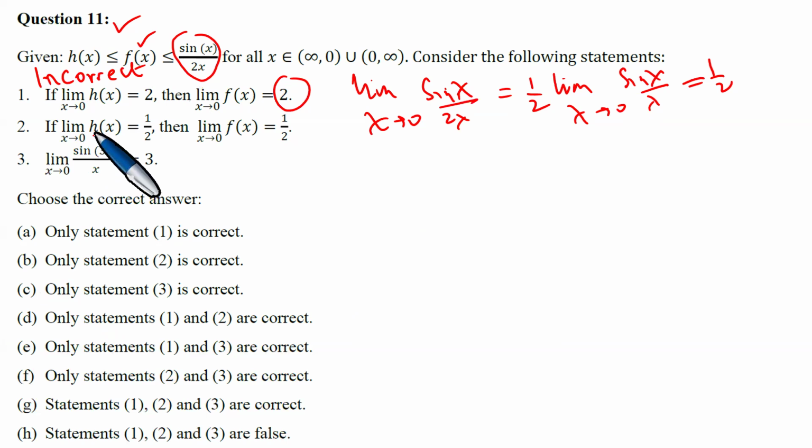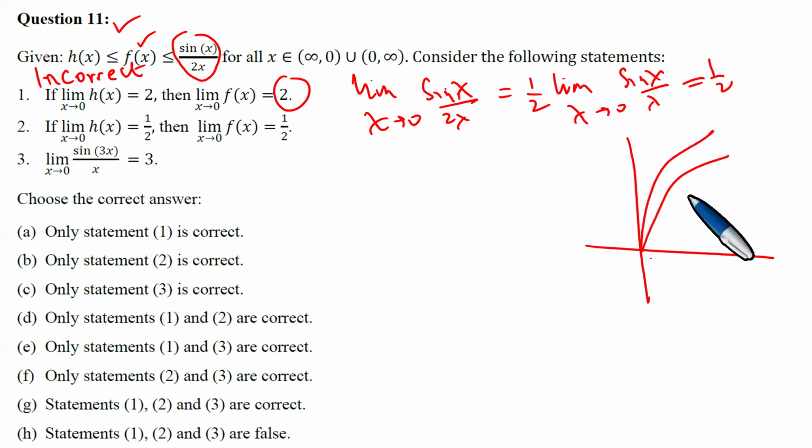So if ever the limit of h is 1/2, would it mean therefore that the limit of f is actually 1/2? Let us think of this most certainly together. There are a couple of things that you need to take into account here. We have a series of functions like this.